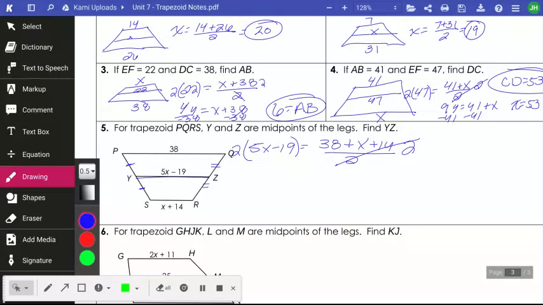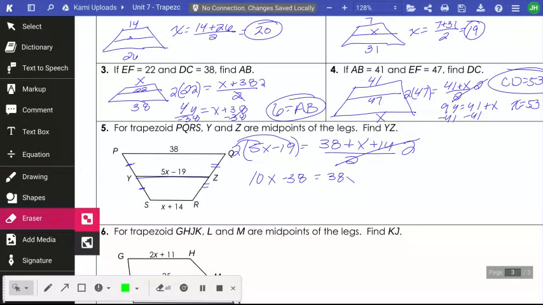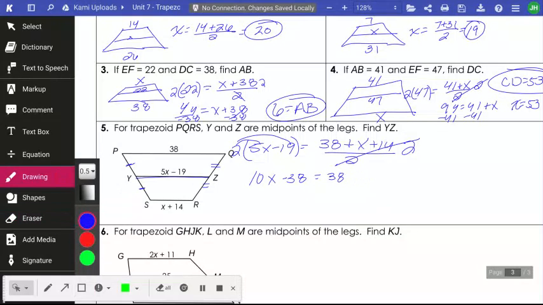Now you have to be careful here. When I multiply this by 2, I'm going to have to distribute it. So I'm going to have 10x minus 38 is equal to, oh, sorry, not 38x plus 14, but 38 plus x plus 14.